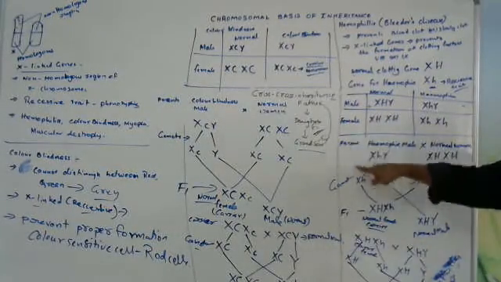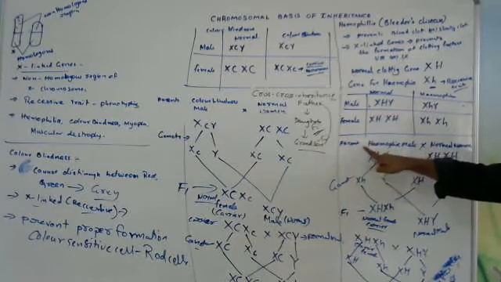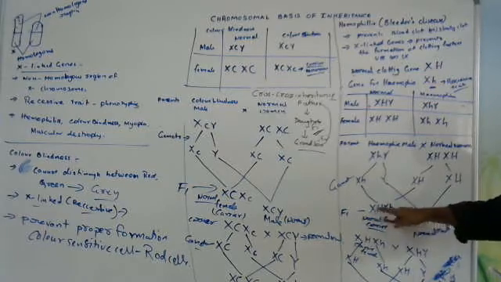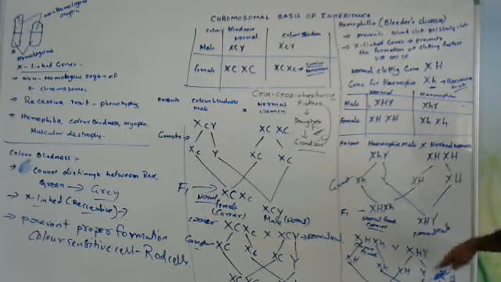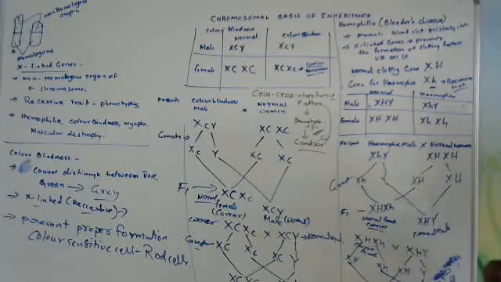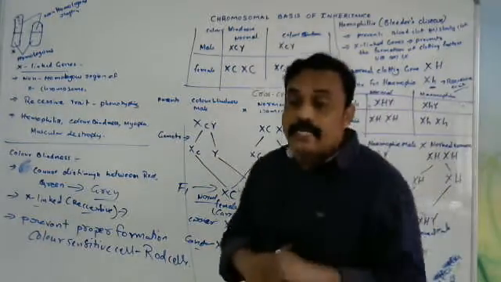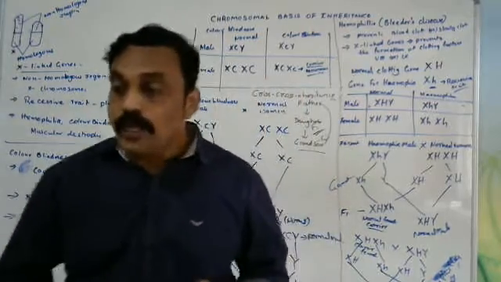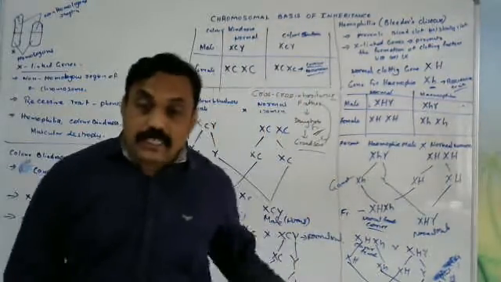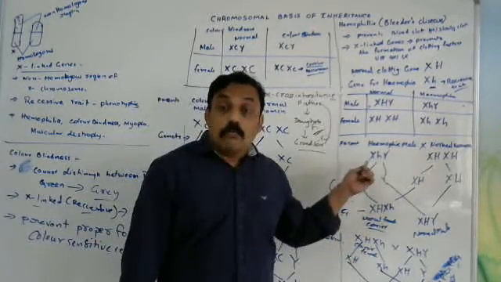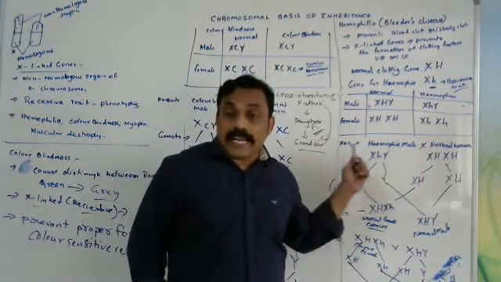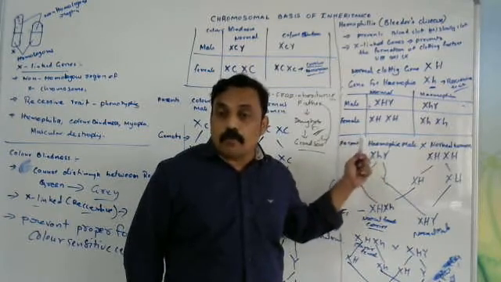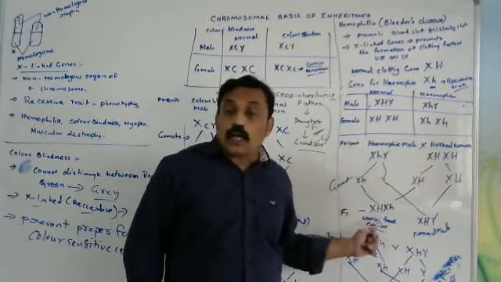Here the grandson gets the character transferred from father through daughter. The daughter is normal in the F1 generation, but she is carrying the recessive trait to the grandson. So this is called crisscross inheritance. The X-linked gene is transferred from father to daughter, and daughter to grandson.